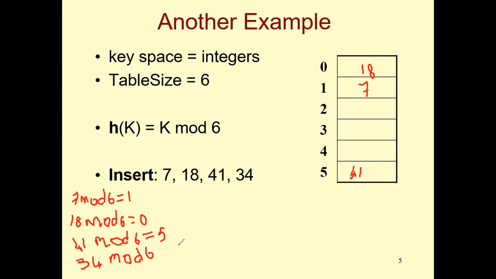Remember, 5 sixes is 30, and 34 minus 30 is 4. Therefore 34 will go to index 4. So 34 will come right here.